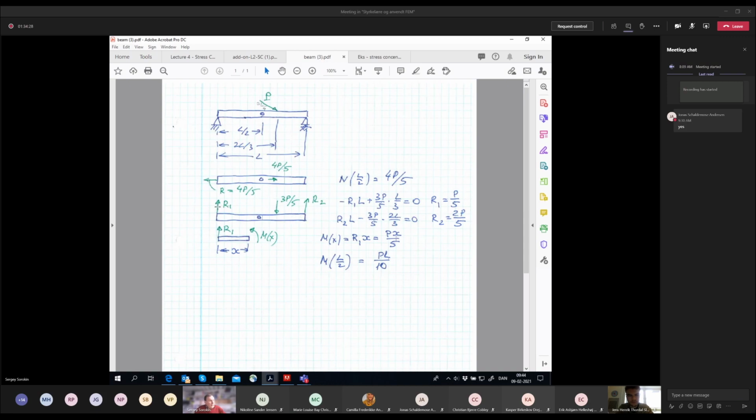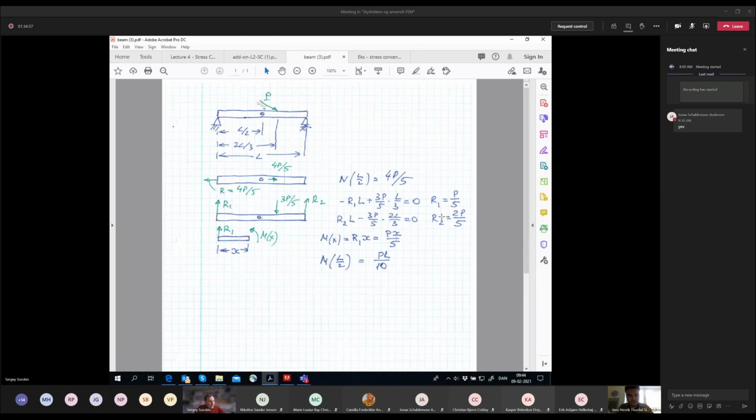My force R1 rotates clockwise, and then the moment is minus R1 L. Then my force 3P over 5 rotates anticlockwise, so it's with plus, and its arm is L over 3, because here it's 2L over 3 and here it's L, so it's L over 3. And then I isolate R1, and I have P over 5.